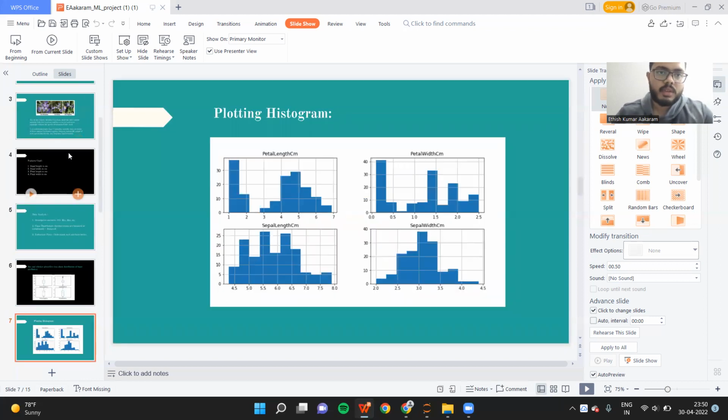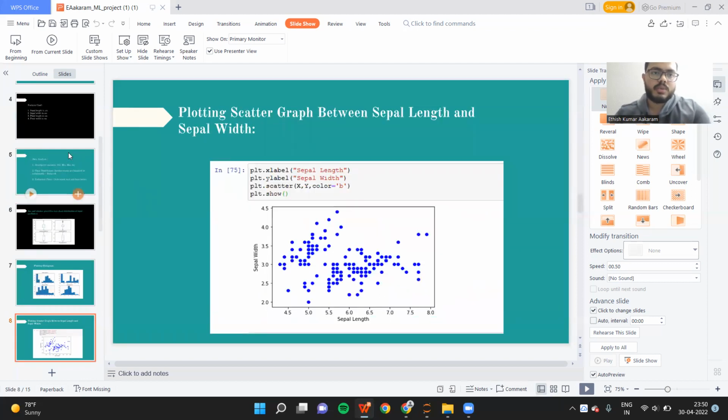This is the histogram on the same parameters. Most of the values are pretty distinct, and you can easily differentiate which one is what. The scatter graph between the sepal length and sepal width I'll come to at last.